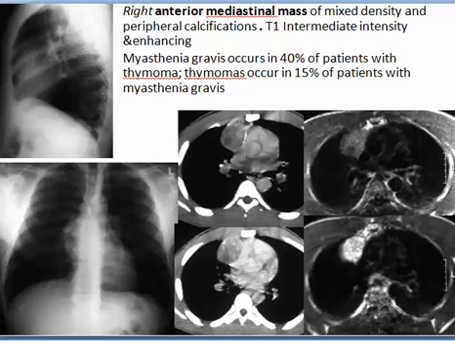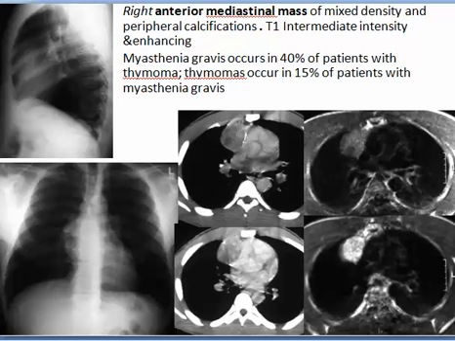But here there is another presentation, that is myasthenia gravis. Myasthenia gravis occurs in 40% of patients who have thymoma, and thymomas occur in 15% of patients with myasthenia gravis.